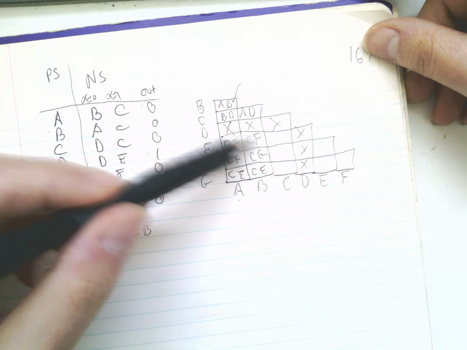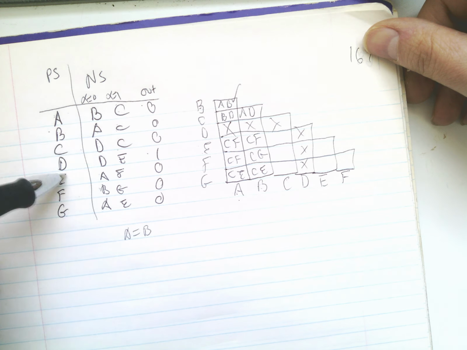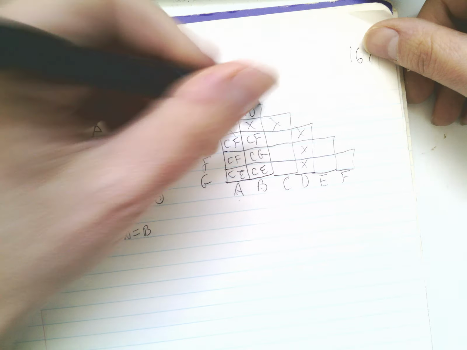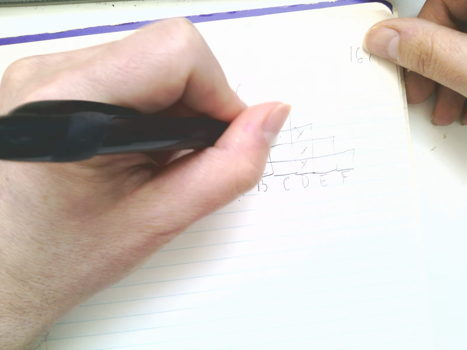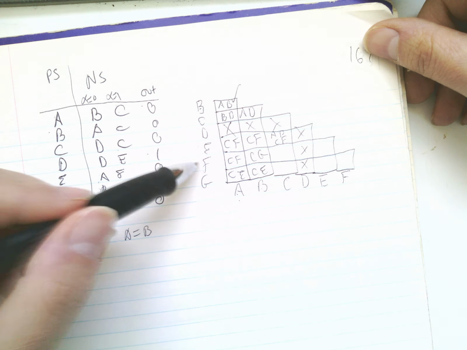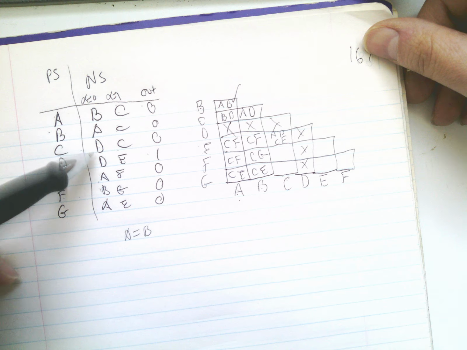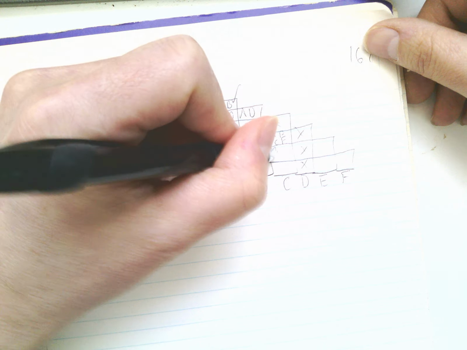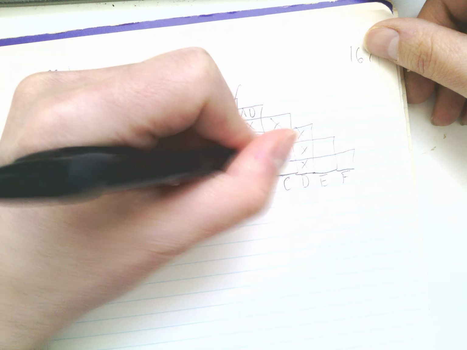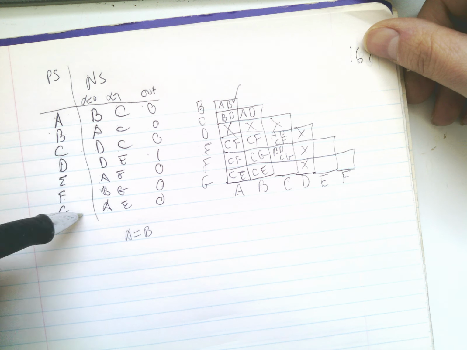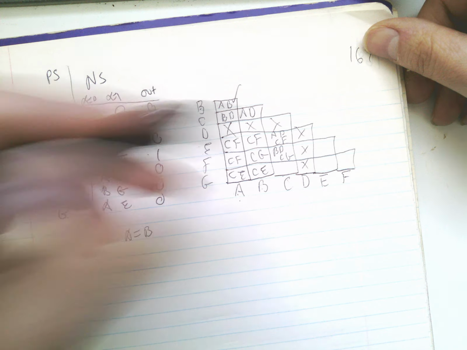Then we have C to E, and that's AD, and then CF. And then we have C to F, and that's BD, CG. Now we have C to G, that's AD, CE.